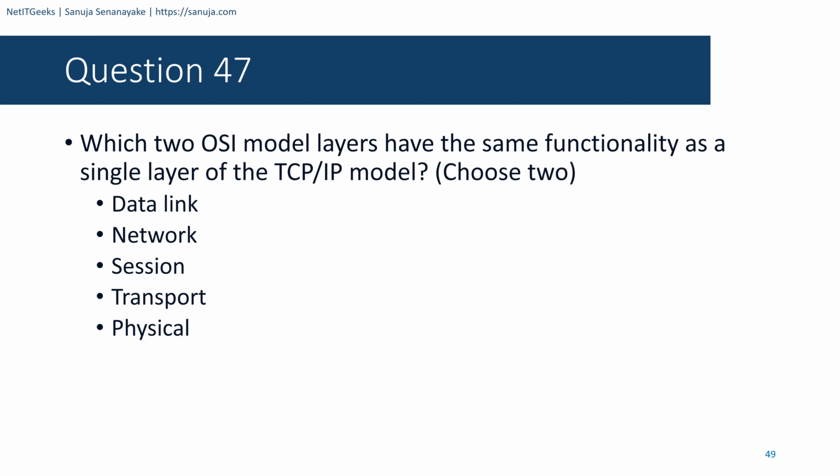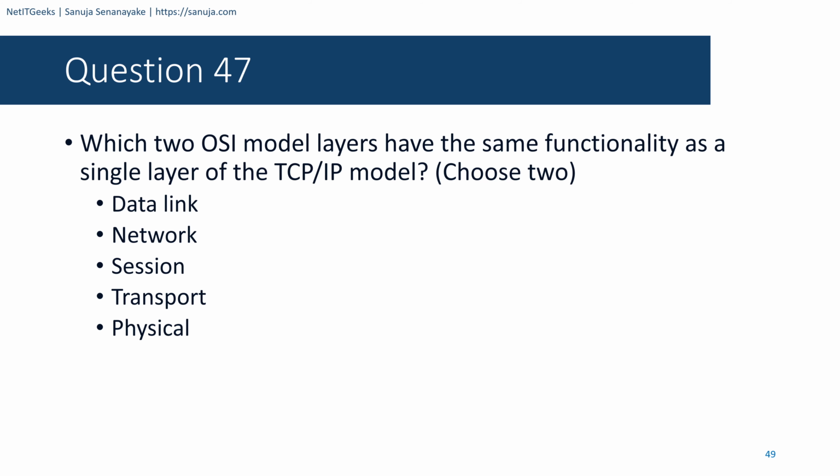Question number 47: which two OSI model layers have the same functionality as a single layer of the TCP/IP model? Remember the two models, the TCP/IP model and the OSI model, and they're asking which two OSI model layers have the same functionality as a single layer of the TCP/IP model, because the OSI model has more layers than the TCP/IP model.